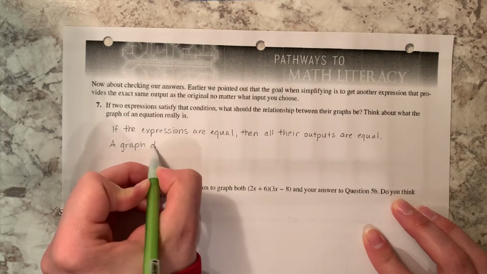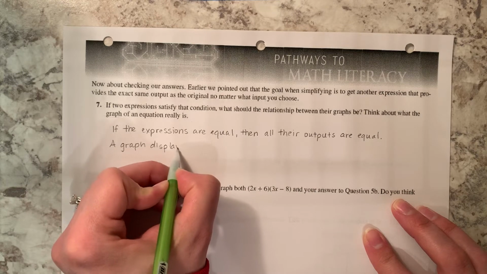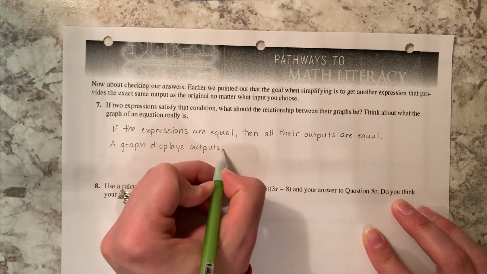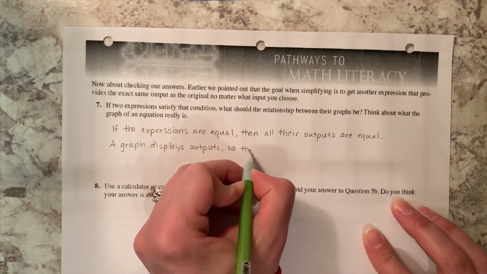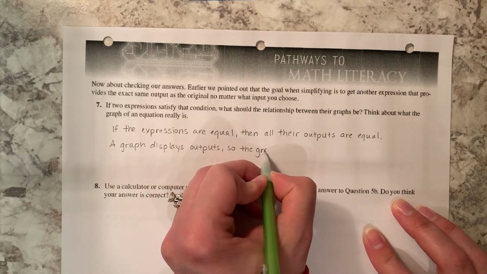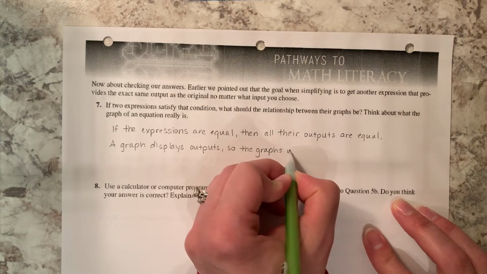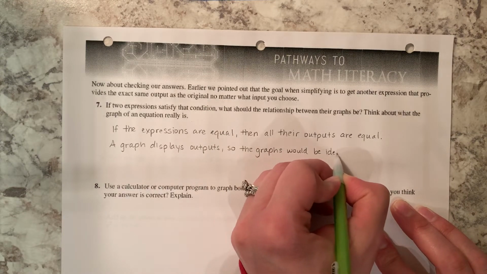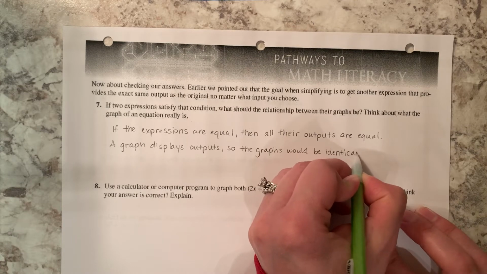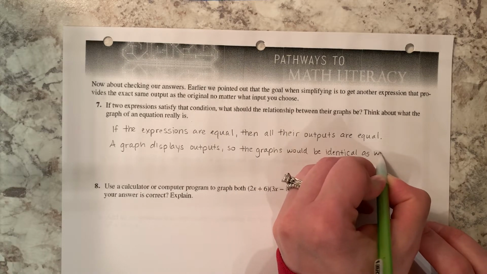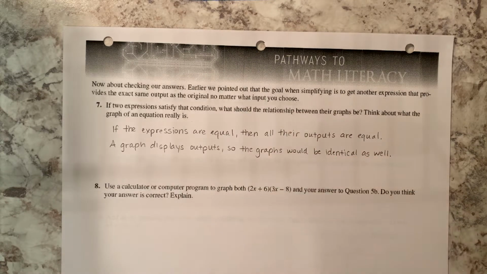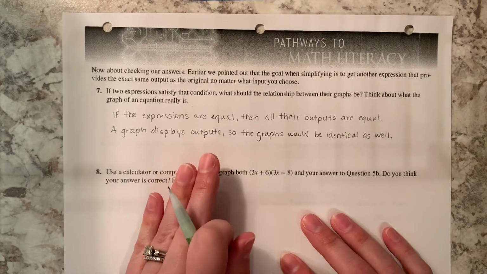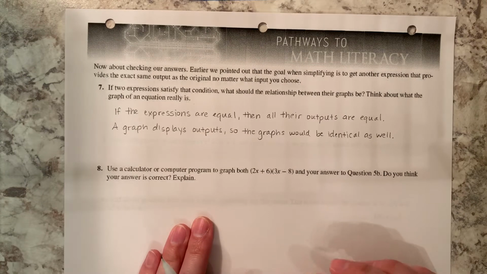A graph displays outputs, so therefore the graphs would be identical as well. Okay, now if that is confusing to you and you still don't understand what I'm saying, you'll definitely understand once we get to number 8.